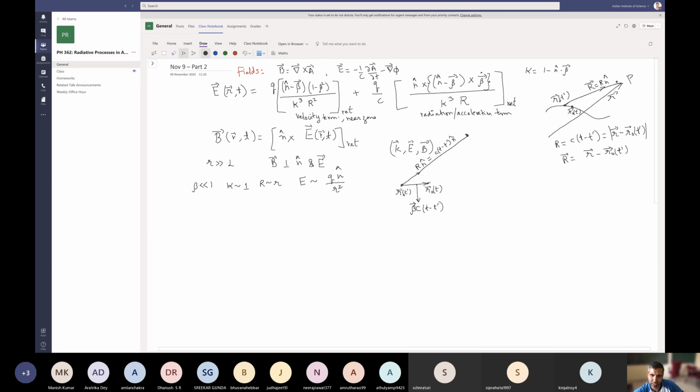And what is this? So let's see this guy. Let me use a different color. This is a triangle that I have formed up. What is this? This plus this is equal to that.